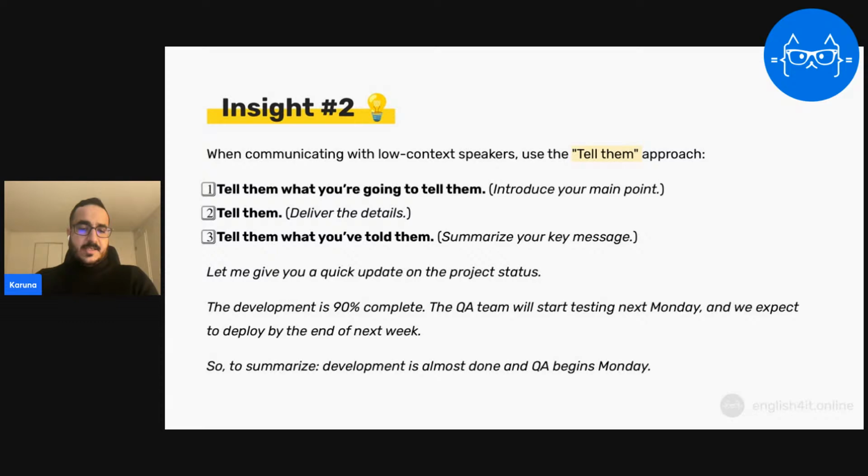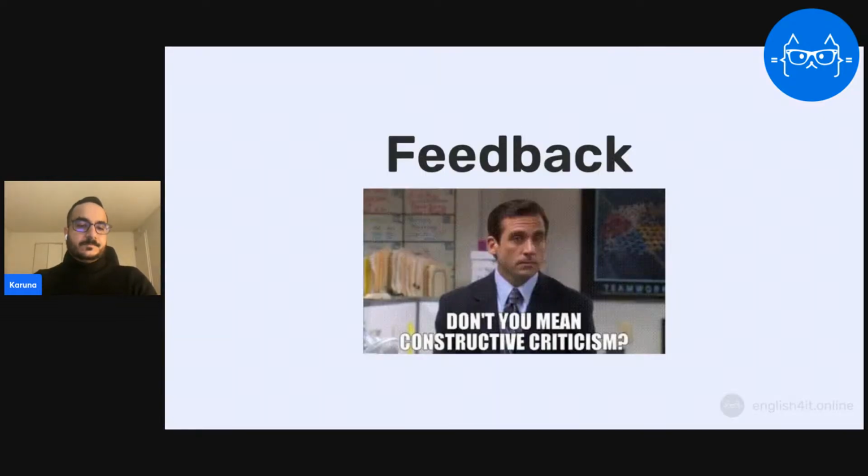QA team will start testing next Monday, and we expect to deploy by the end of next week. In summary, deployment is almost done. QA begins Monday. Short, sweet, to the point. You don't have to put a lot of padding into it. It'll be appreciated by someone from a low context culture as having all the data needed, and just being very straightforward.